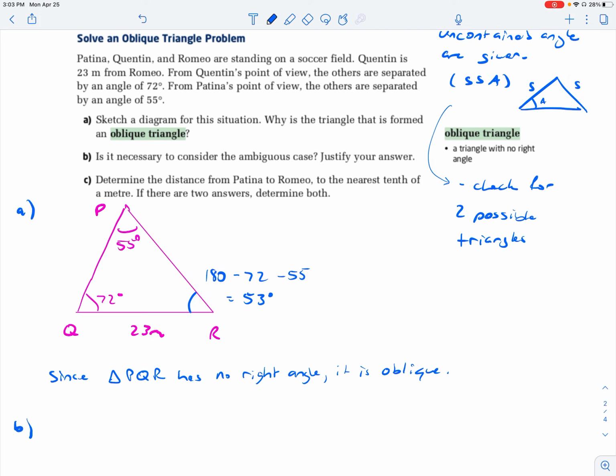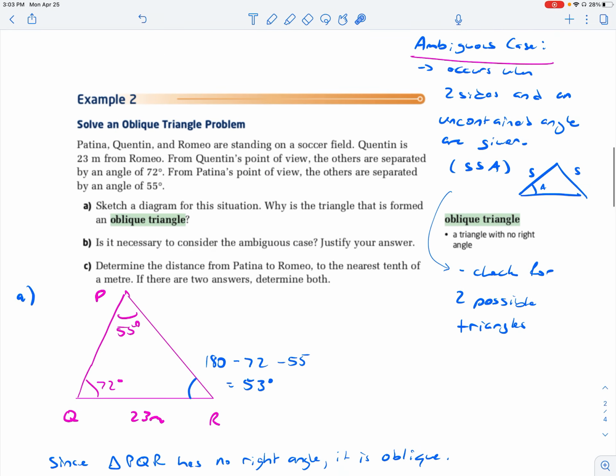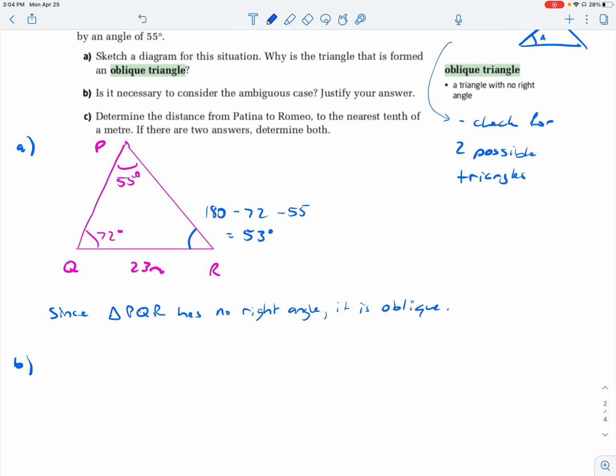All right, part B. Is it necessary to consider the ambiguous case? With the information that's given, is it possible for us to have two different triangles? We've talked about the ambiguous case in class already, and we said it only occurs when we're given a side-side-angle, so just two sides and one angle. The information we're given is actually one side and two angles. This is side-angle-angle. So we don't need to consider the ambiguous case.